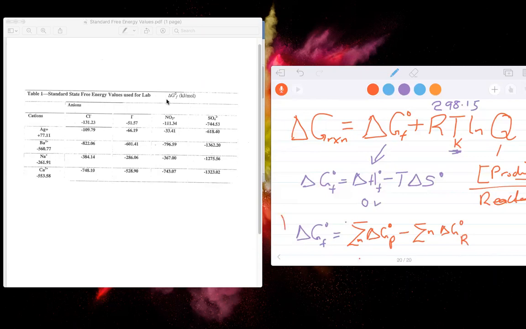Forget about that one, we use this one right here. This is the equation we will use.